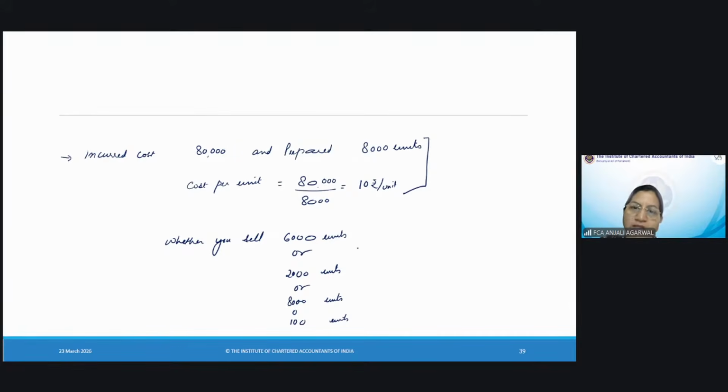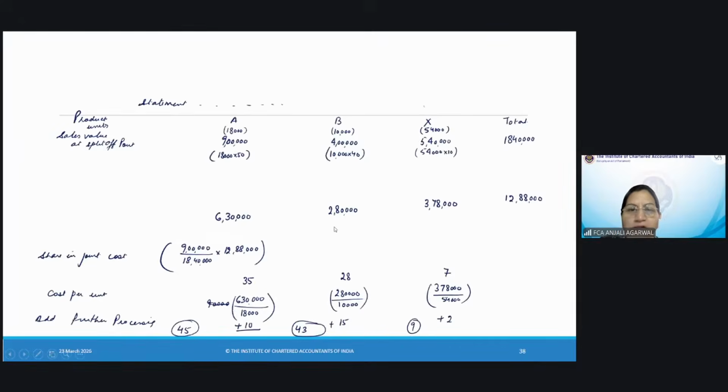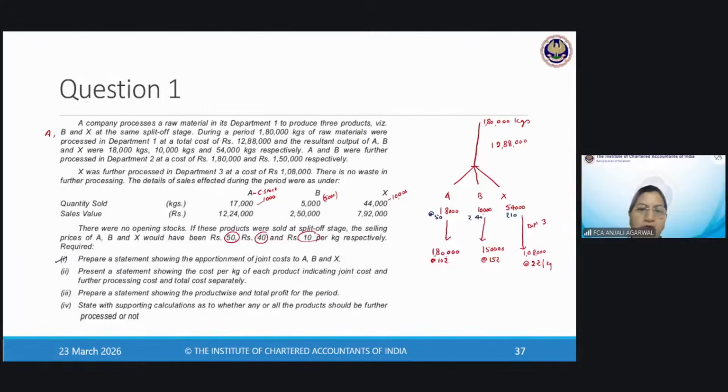When you are evaluating the profit, then you would have used 17,000 units sold. And another important aspect is here the sales value at split off point was given. If the sales value at split off point would not have been given, we would have found out the selling price per unit after split off.